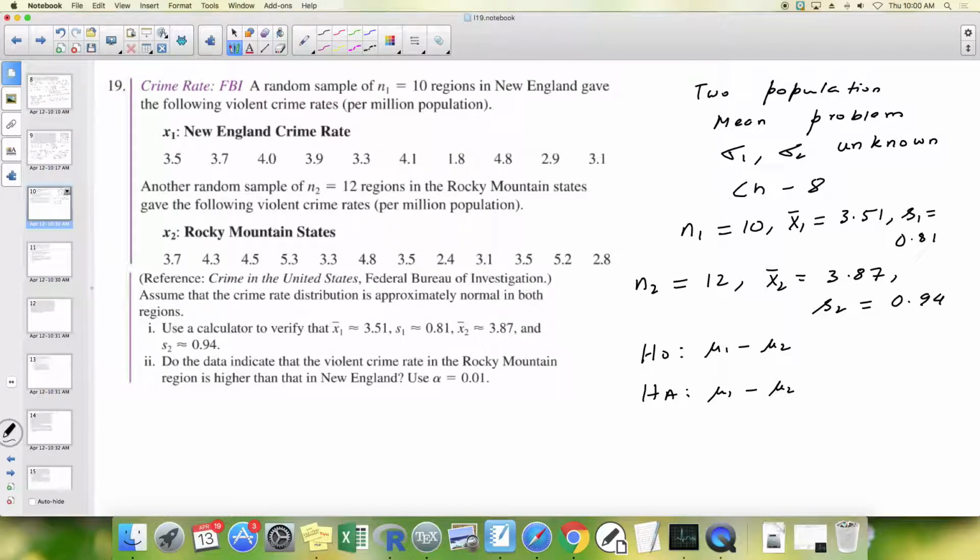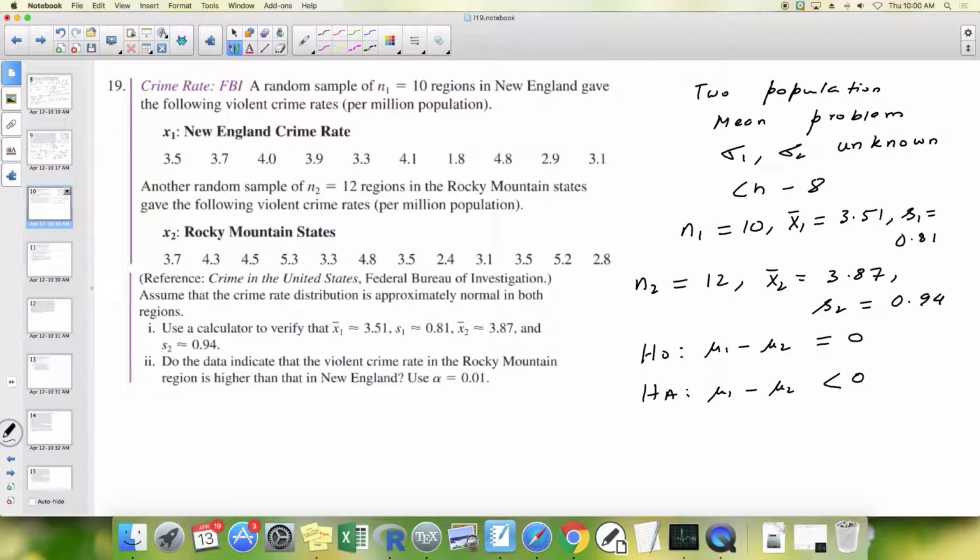Do the data indicate that violent crime in Rocky Mountain is higher than in New England? That means they are asking, is group 2 bigger than group 1? That means, is mu1 minus mu2 less than 0 versus equals 0. So it's a left tail test.